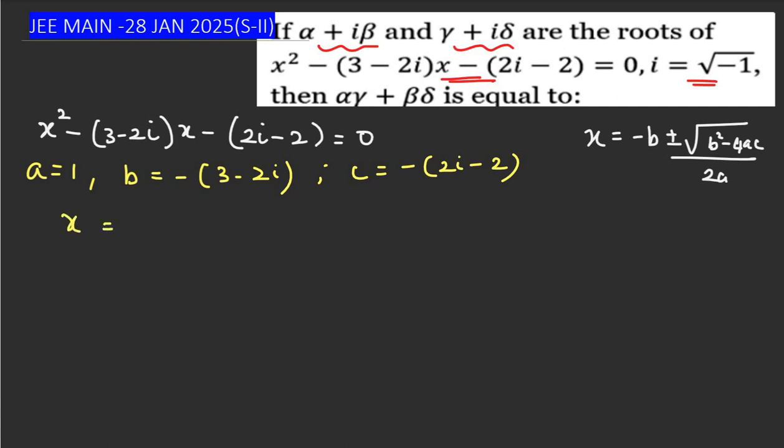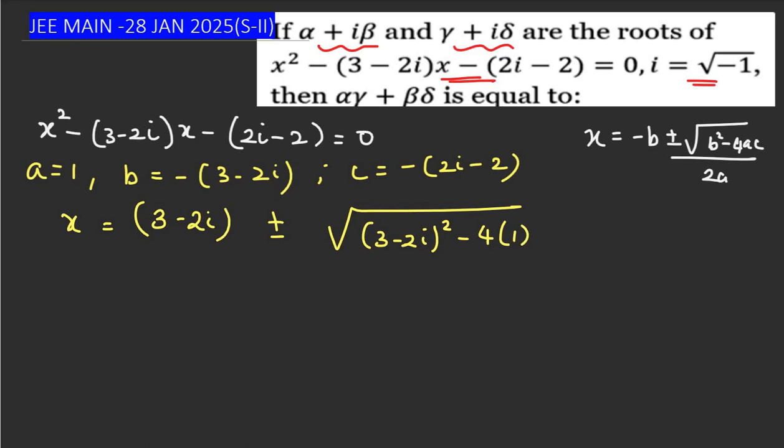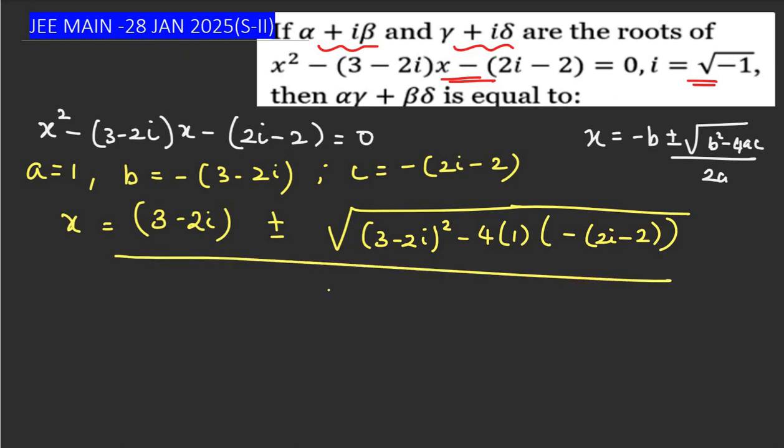X is equal to minus b, so 3 minus 2 iota, plus or minus root of b squared, (3 minus 2 iota) the whole square minus 4 into 1 into minus of 2 iota minus 2, divided by 2.